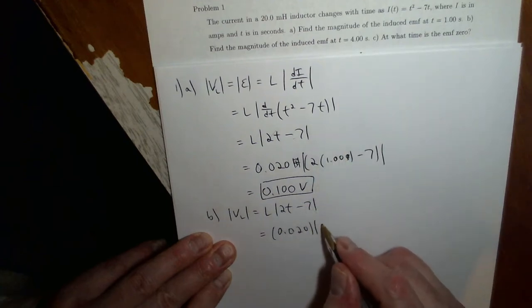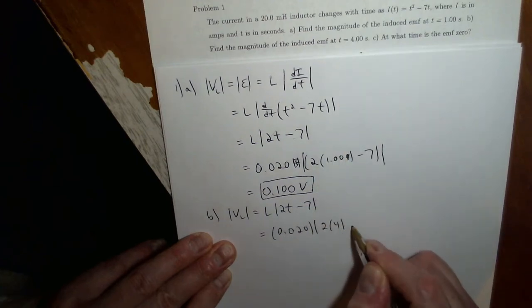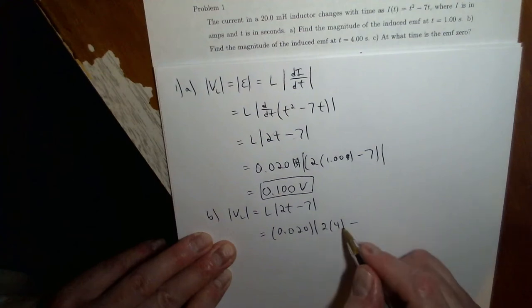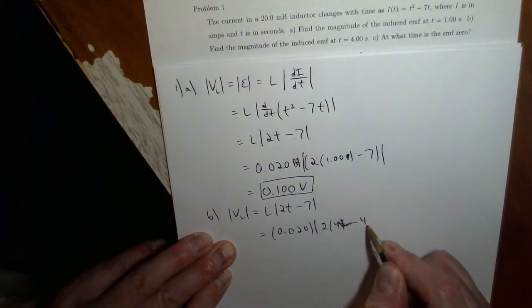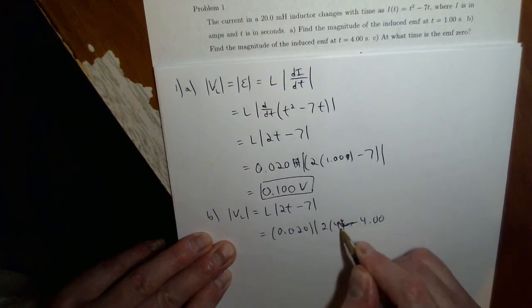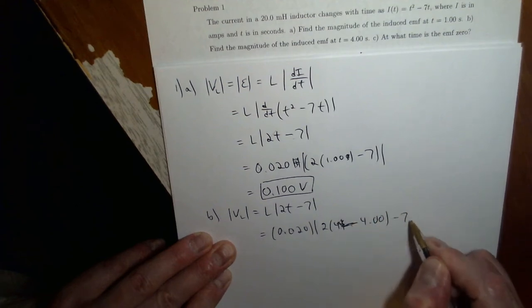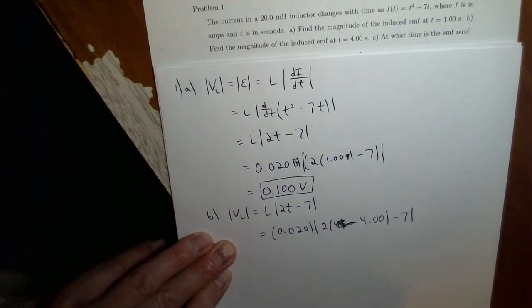So 2 times 4.00, I should put 4.00 for sig figs, minus 7. And then we get, so 8 minus 7 is 1, so it's 0.020, again, volts.